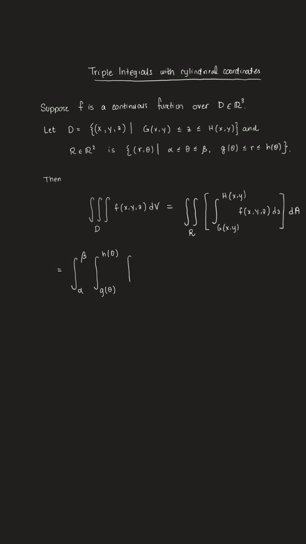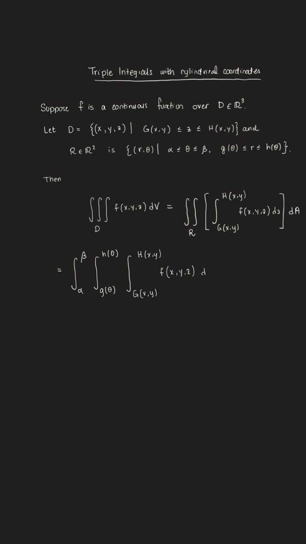Our innermost integral, which we already have: z goes from a surface g of (x, y) to another surface h of (x, y). Then we have maybe a volume of 1, or a function that's equal to 1, or a density function f of (x, y, z).